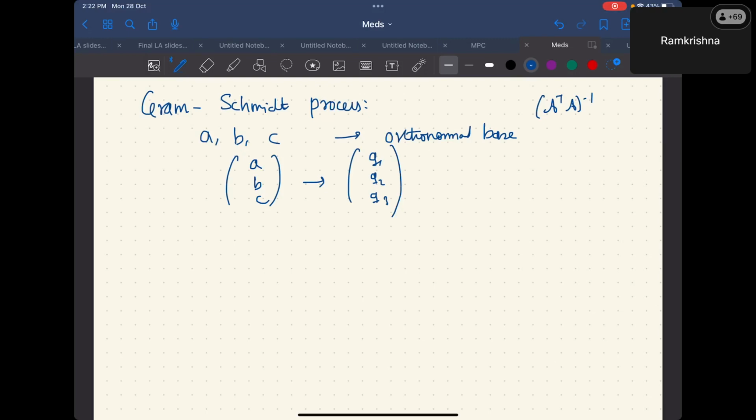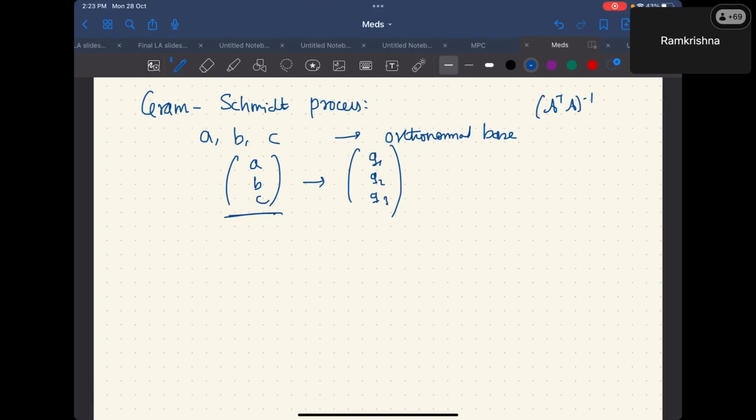What is orthonormal? I have vectors which are perpendicular to each other and also of unit magnitude. Okay, so let us start. Start with 3 independent vectors, A, B, and C. The independence is important here.